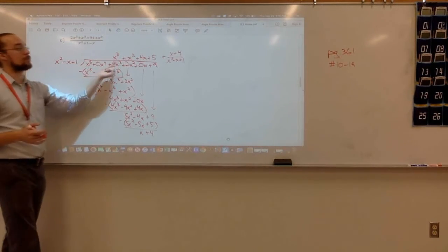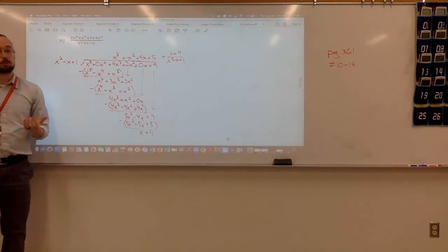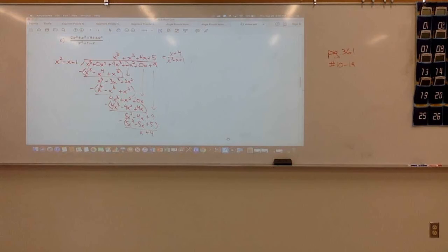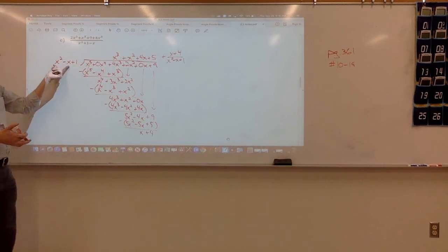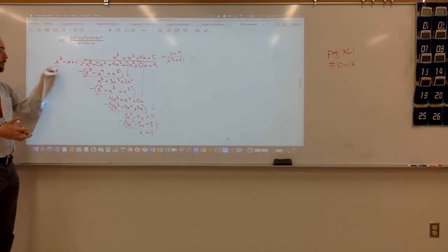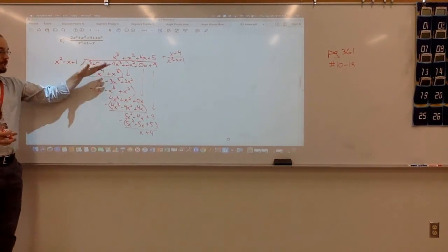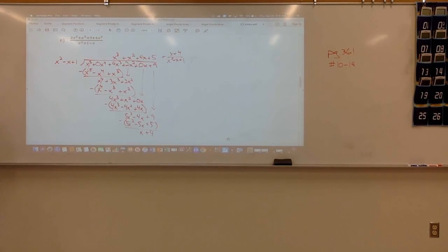We didn't have an x to the 4th or an x, so we had to put in a placeholder. We had to put in a 0x to the 4th and a 0x. Then we go through the process of figuring out what we need to multiply the first term by to get the first term here. Continue that all the way down until we can't do it anymore. Any questions on polynomial long division?